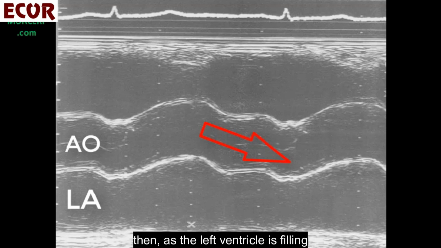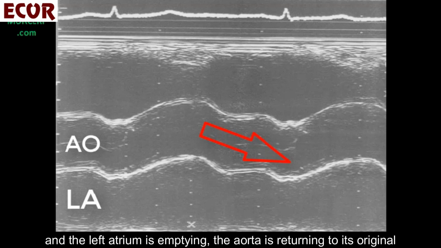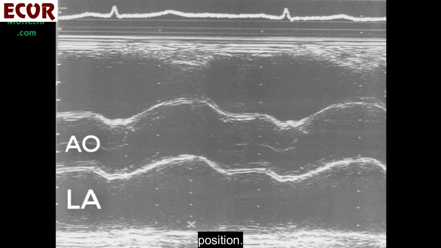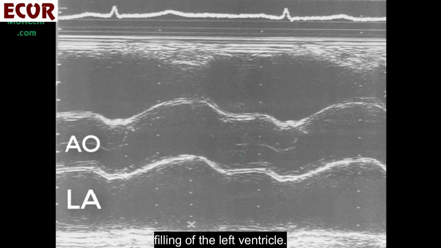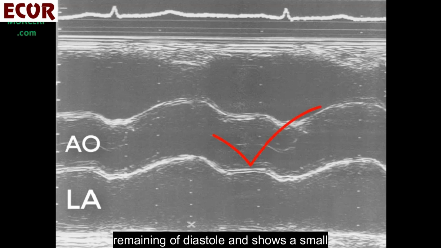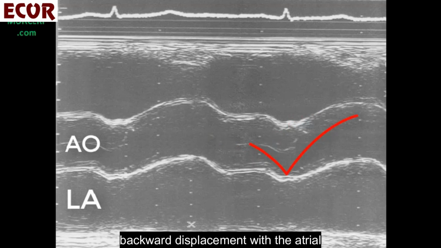Then, as the left ventricle is filling and the left atrium is emptying, the aorta is returning to its original position. In normal condition, the posterior aortic wall moves back intensely right after aortic valve closure, with a significant decrease in left atrial volume following the rapid filling of the left ventricle, and then more slowly during the remainder of diastole, and shows a small backward displacement with the atrial contraction.